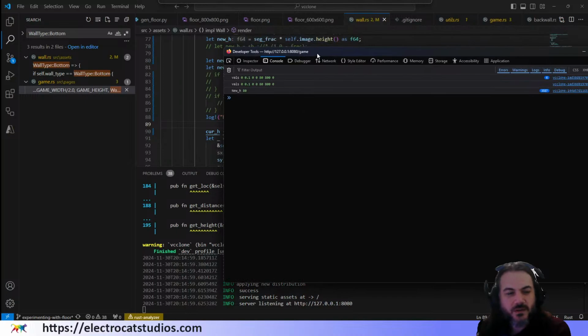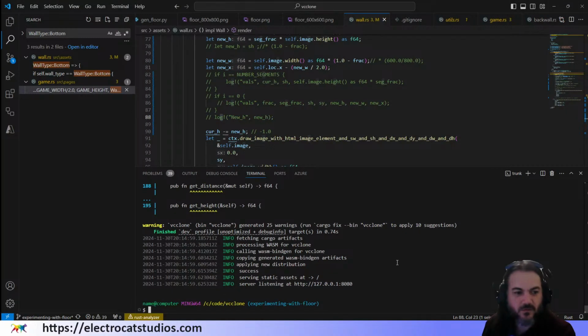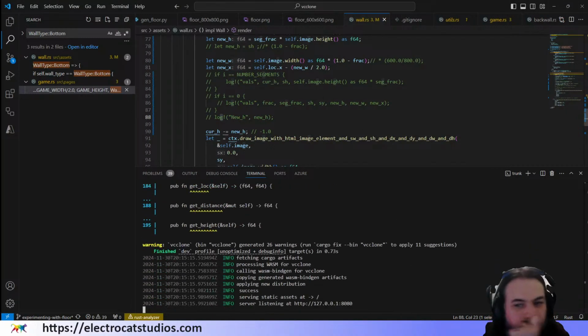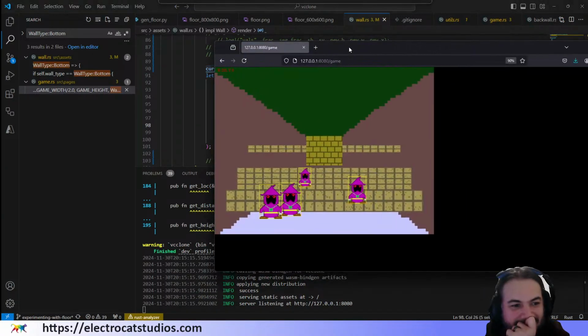Yeah, new height's 80, which it should be. So then why is the destination Y doing this weird thing?